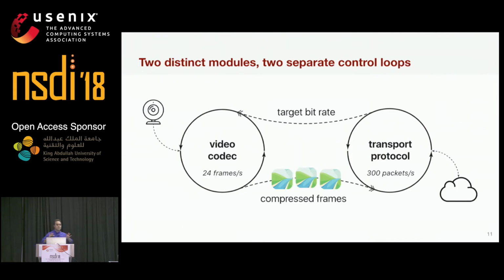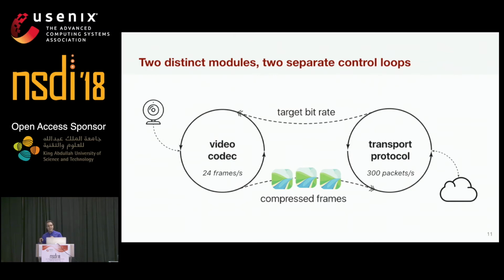And these components have their own separate control loops and talk to each other through a very narrow interface. So transport has a sense of the network bandwidth, a bit rate, and it will give that estimate to the video codec. The video codec, in its own internal control loop, starts to produce compressed frames targeting that bit rate.